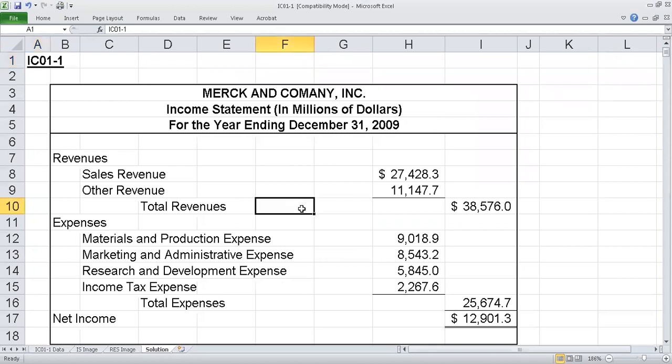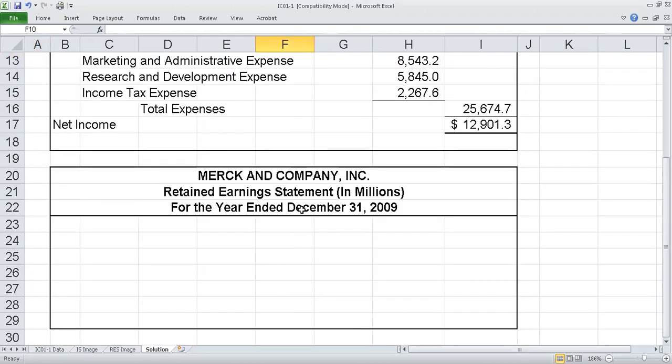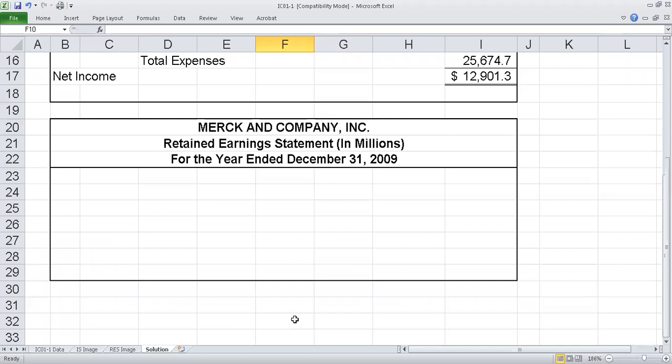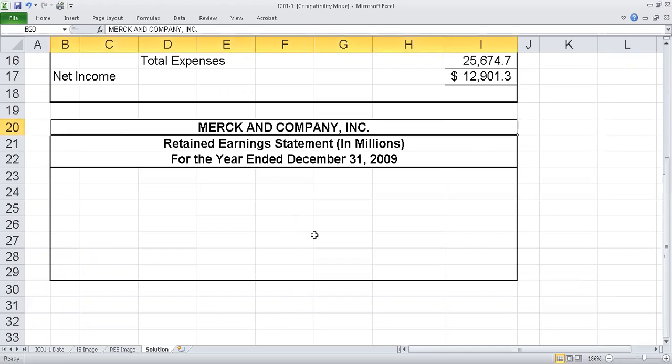So for Merck, we're not going to need as much space to do our retained earnings statement, but we still have to start with a header. Again, it's the name of the company in all capital letters, and we throw in the INC to indicate the legal form of organization.